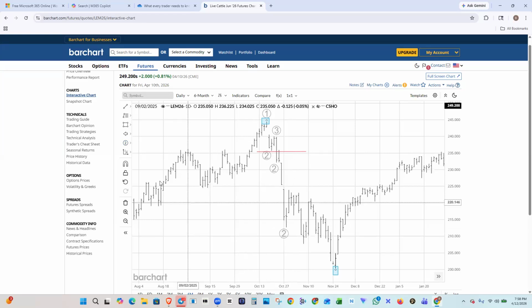All right. And then give me another number 3. So what are we seeing? We're seeing lower lows and lower highs, or lower resistance. Correct?